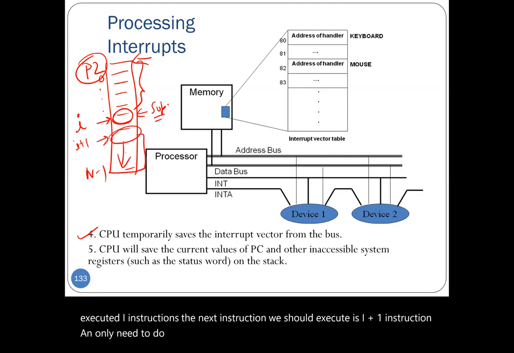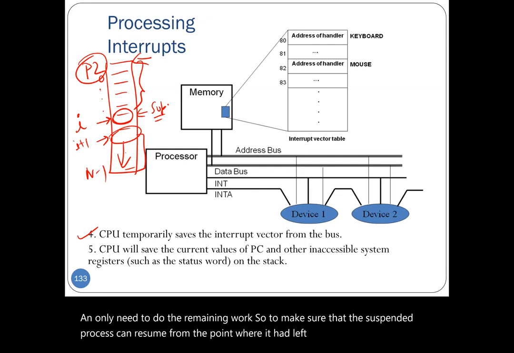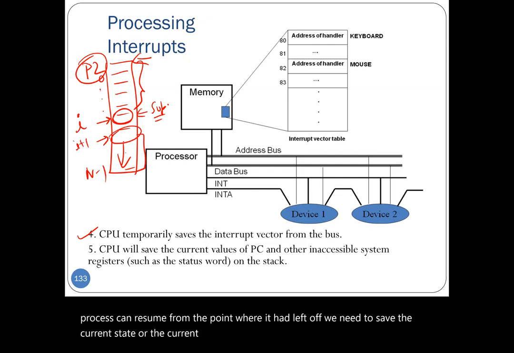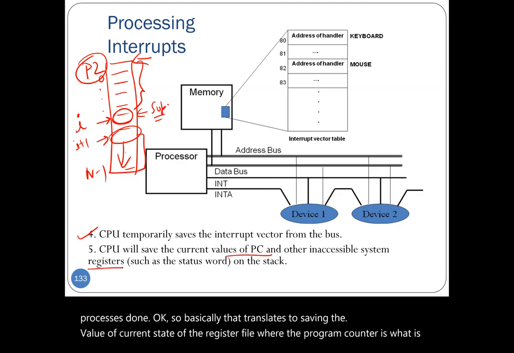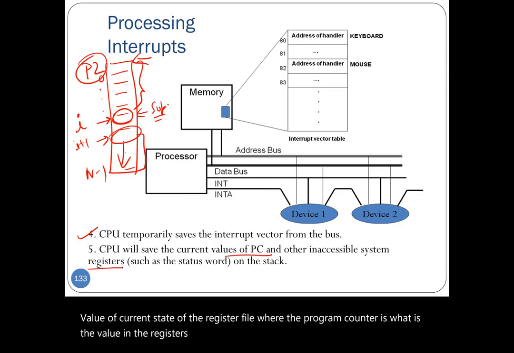So to make sure that the suspended process can resume from the point where it had left off, we need to save the current state, or the current work, that this executing process has done. Basically that translates to saving the current state of the register file, where the program counter is, what is the value in the registers, and other system information that is needed to resume the execution of the process from this point onwards.